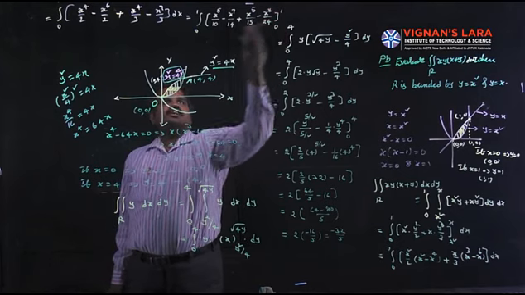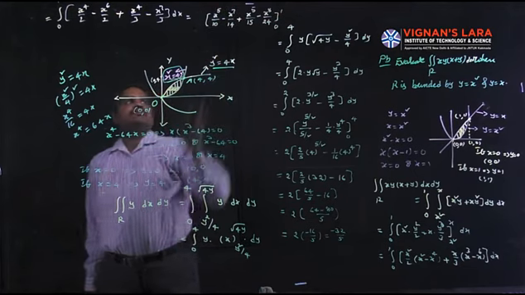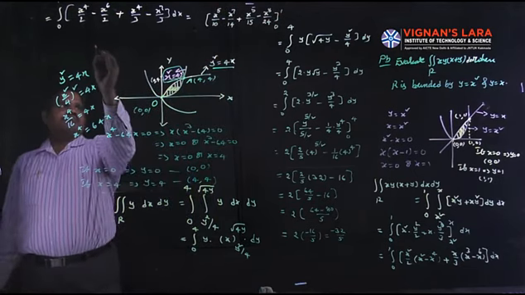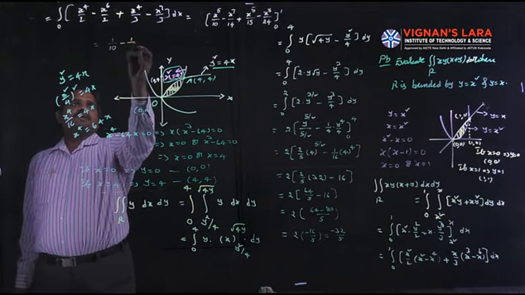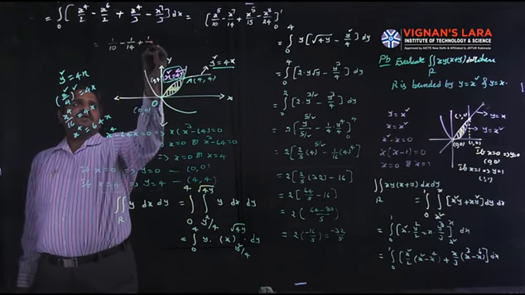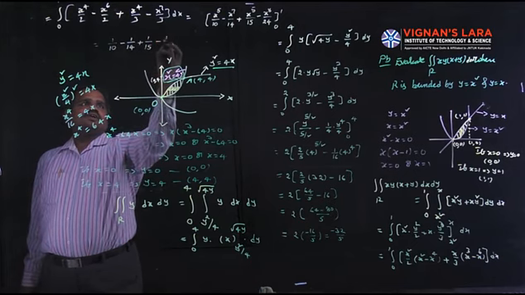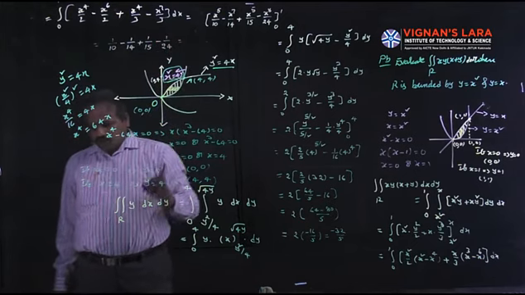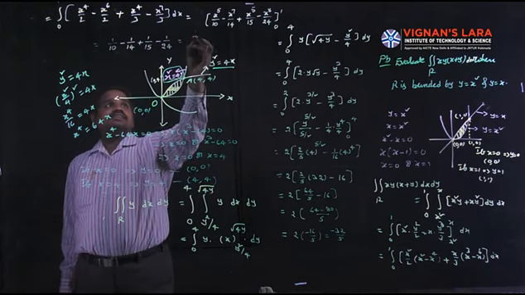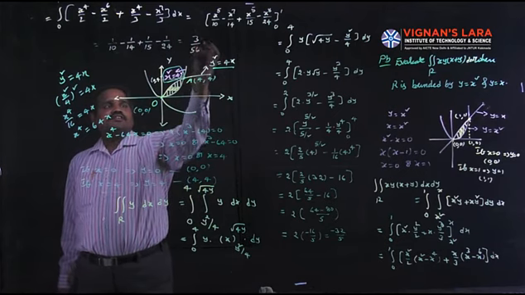Limits are 0 to 1. So I completed the integration. Now I will simplify. Upper limit gives 1/10, 1/14, 1/15, 1/24. If you simplify this total, you will get the value 3/56.